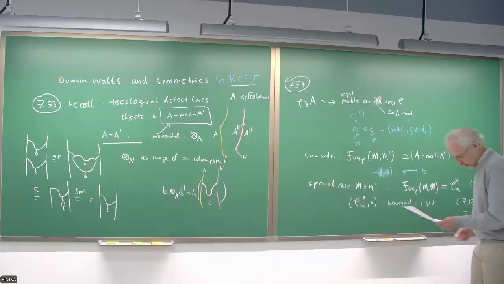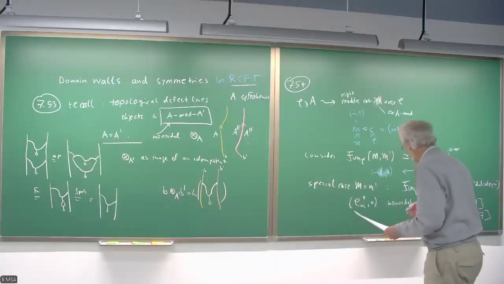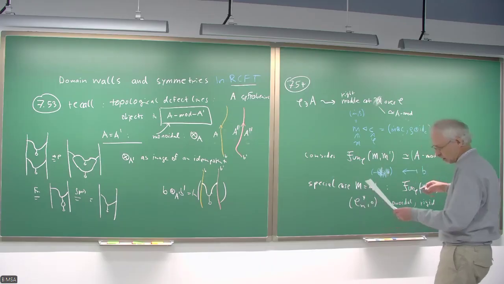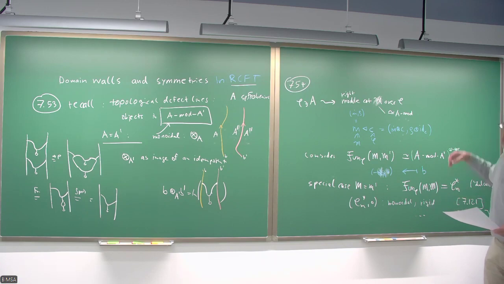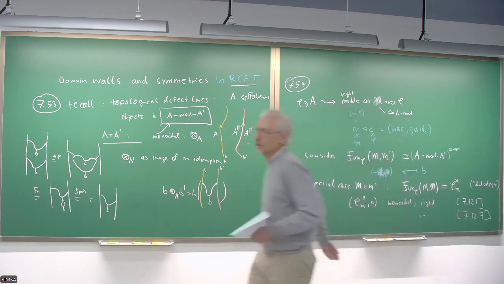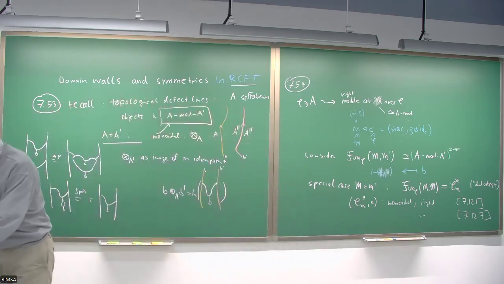You show that if M is now a right C module category, then it's also a left C_M star module category, and in fact a bimodule category over those.